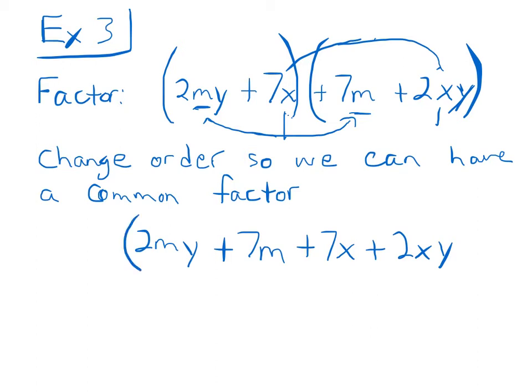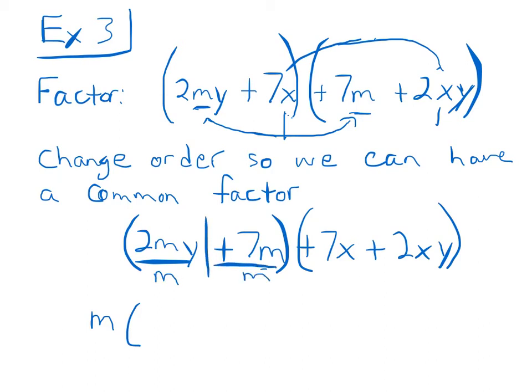Now if I group these, and again, everything should be in groups, I have a common factor here of m. So my common factor for this would be m. So if I factor out an m of each one of these, 2my, that's a 1m basically. 2 divided by 1 would be 2. M's cancel, leaving me with 2y. And then plus the m's cancel, leaving me with just 7.